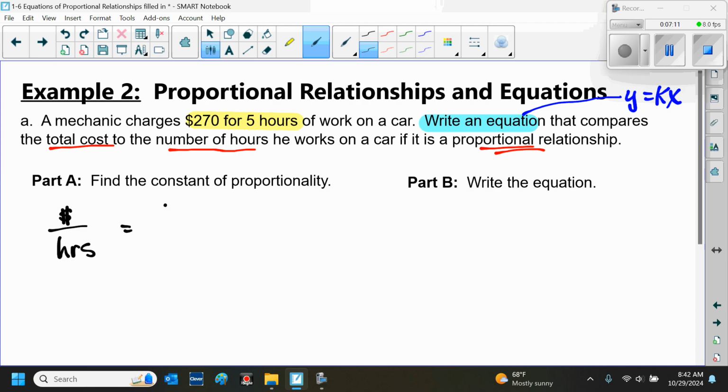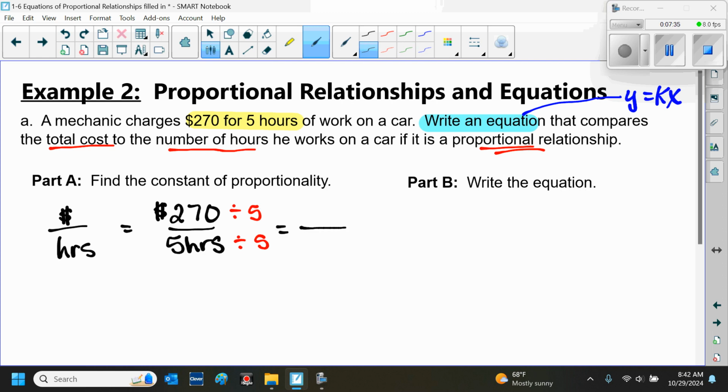So this is equal to $270 for 5 hours of work. Now to change that to a unit rate, we want to divide by the denominator. We want 1 in the denominator, so 5 divided by 5 is equal to 1. And if I divide by 5 in the denominator, I have to divide by 5 in the numerator.